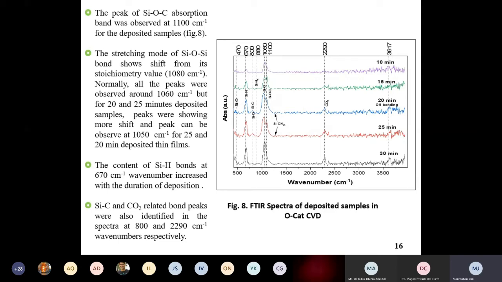We will talk more about the effect of this shift in the next part. And here we can see the content of Si-H bonds, Si-C bonds, and CO2 bonds.